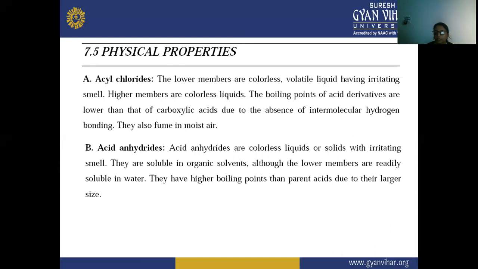The lower members means those attached to a lower number of hydrocarbon chain, that is your CH3. If more and more alkyl groups are attached, then more hydrocarbons are attached, and they are called the higher members, and the higher members are colorless liquids.